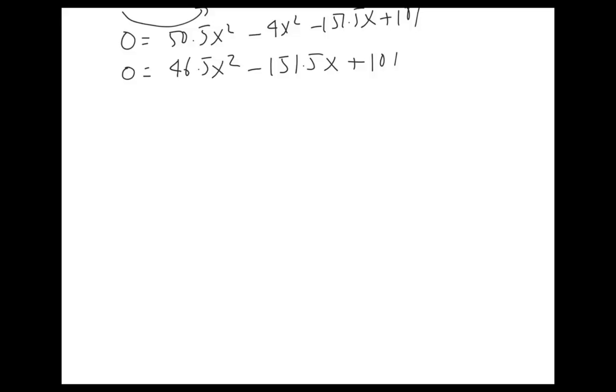Remember that in our quadratic equation, x is going to be equal to minus b plus minus the root square of b squared minus 4ac, and we divide this by 2a.